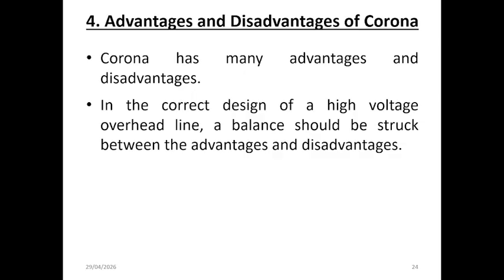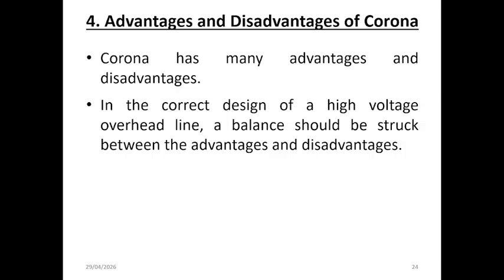It can also act as a natural voltage equalizer along the conductor surface. However, these benefits come at a cost of several disadvantages, including power losses, audible noise, radio interference, and gradual insulation deterioration due to ionization.